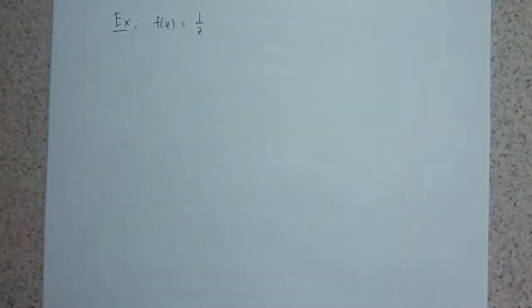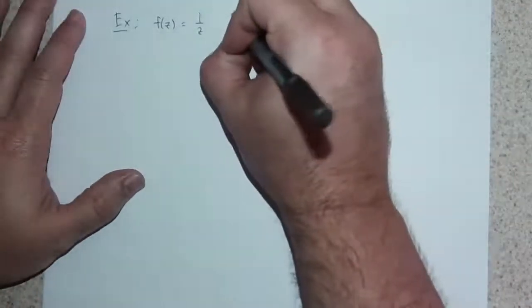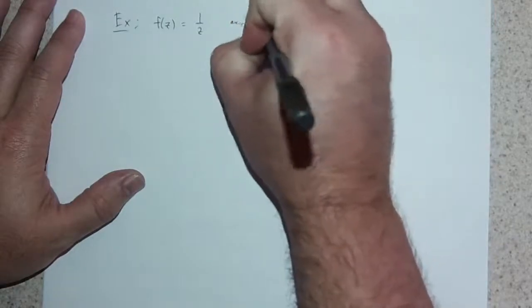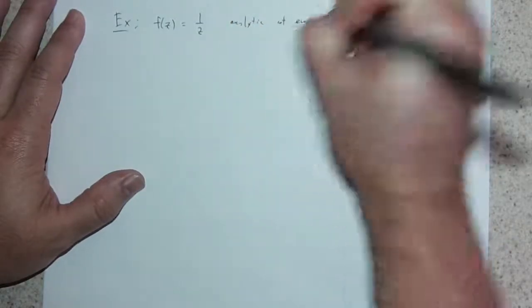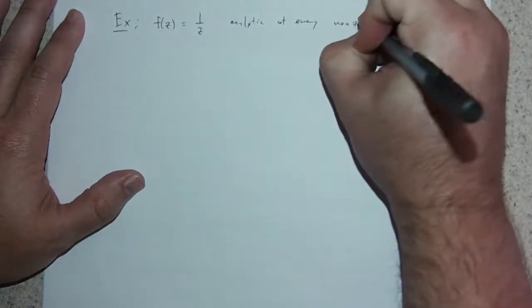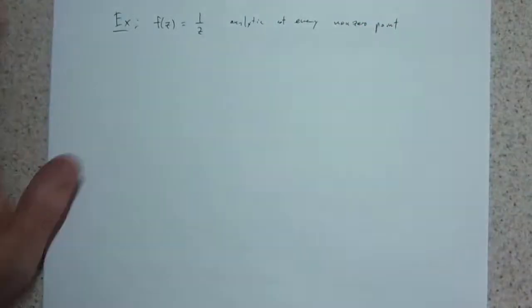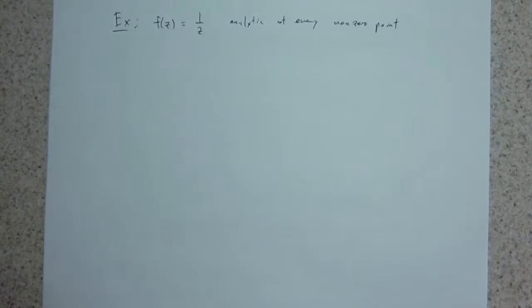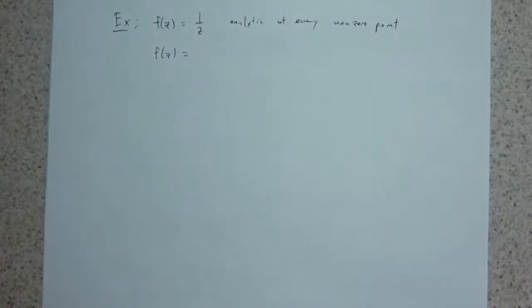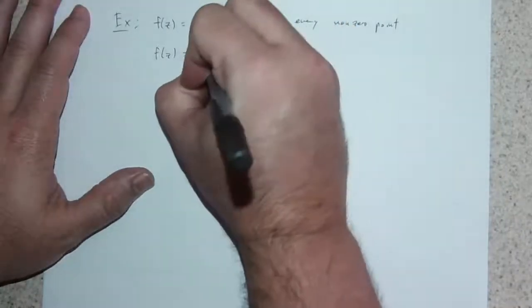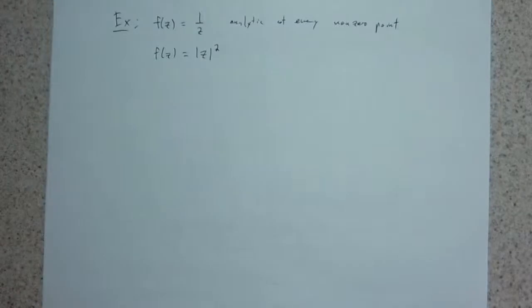For instance, if you look at a function that is just 1 over z, this is analytic at every non-zero point in the finite plane. Okay. Let's look at the function, say, that is the modulus of z squared.